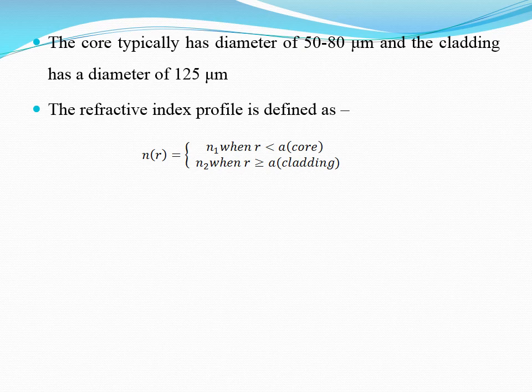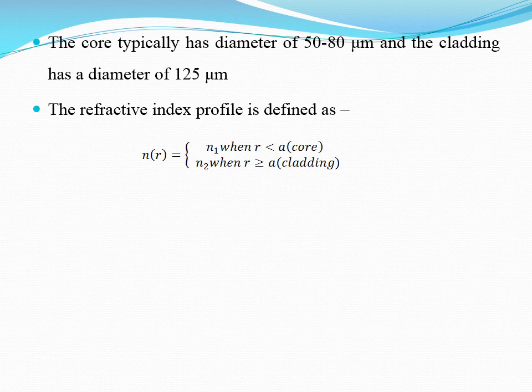The refractive index profile is defined as n of r equal to n1, where r is less than a. r represents the radius of the emitting surface, or what we call the radial distance from core towards cladding.